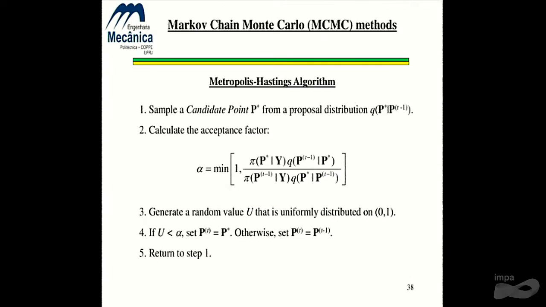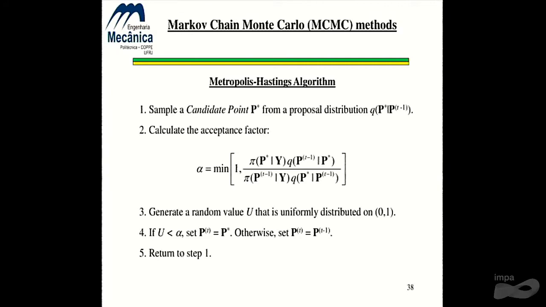So t looks like time, but it is not time. This is a state of the Markov chain. And then we generate candidates for the Markov chain, which are denoted here as P star, with this proposal distribution Q. Okay? So Q is how we move in the Markov chain.